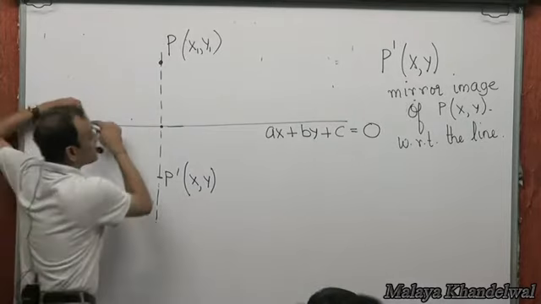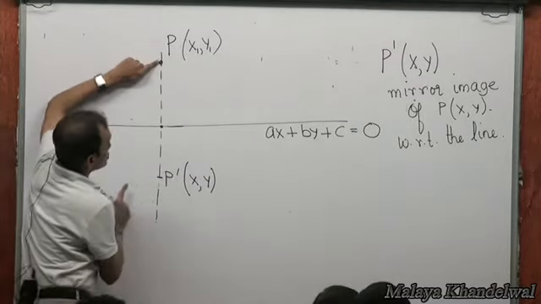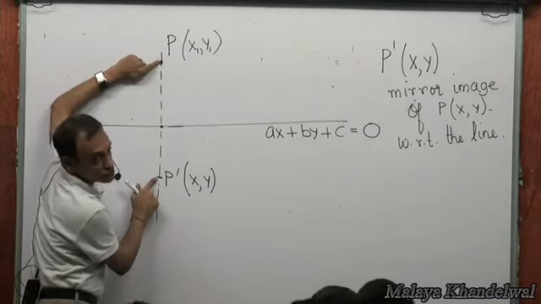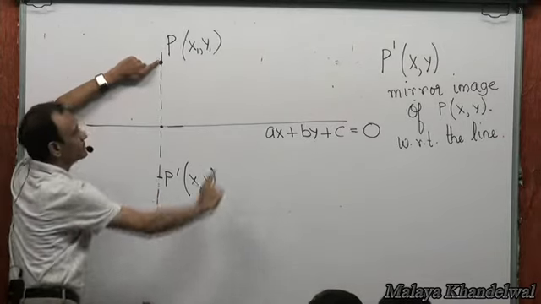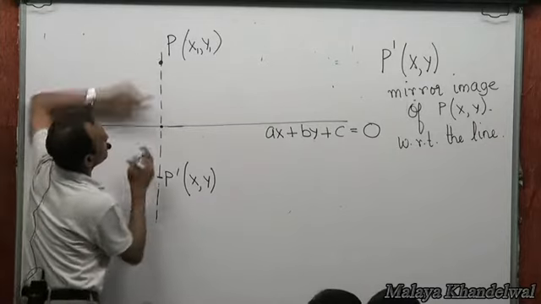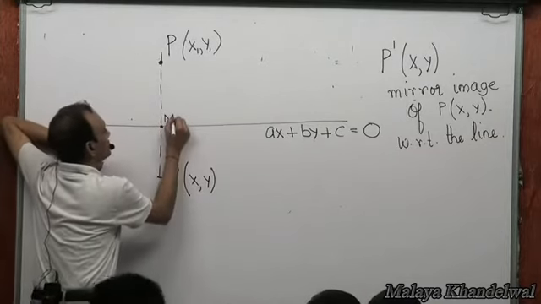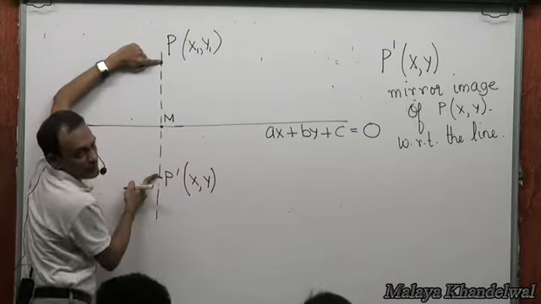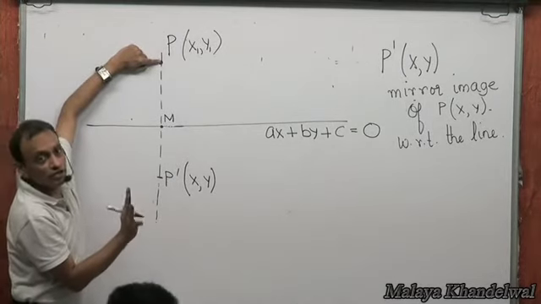That means it's as if this is a mirror, this is an object, and this is its image with respect to this mirror. Now, if this be the case, then the midpoint of PP prime must lie on this line. This M must be the midpoint of PP prime if they are mirror images of each other.